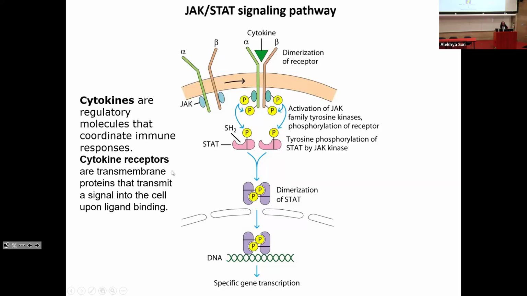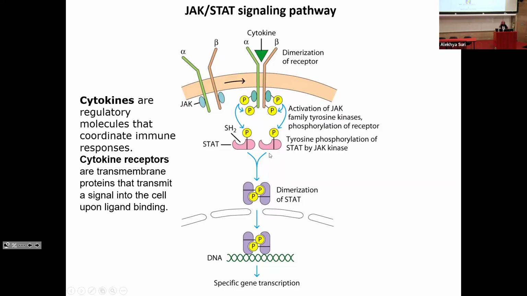So what you need to remember is that cytokines can coordinate the immune responses and initiate downstream effector functions through these cytokine receptors. For example, here is a receptor that binds the cytokine, dimerizes, and gets phosphorylated. Then it can recruit JAK, which gets phosphorylated, which then phosphorylates STAT.